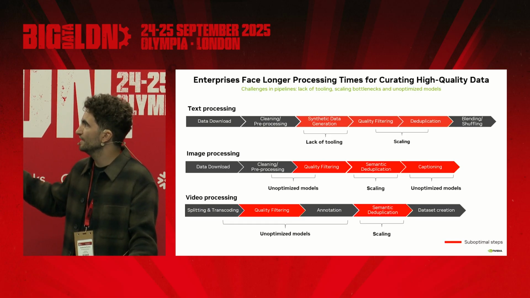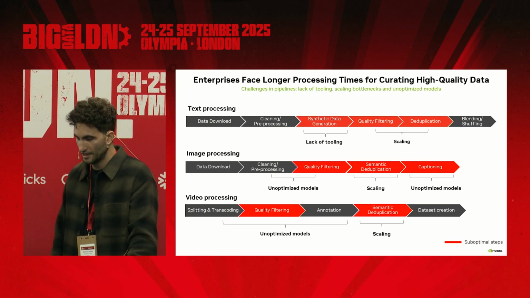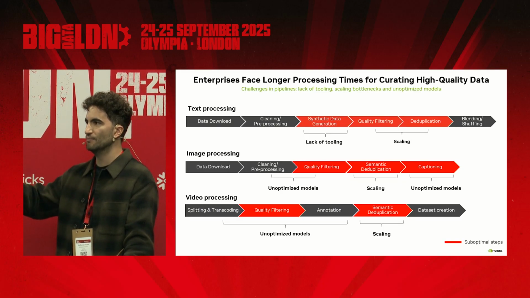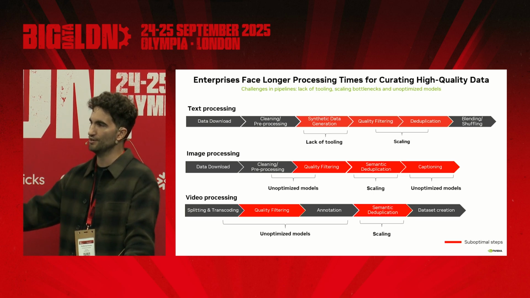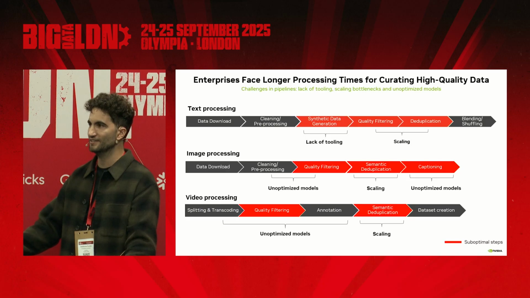Quality filtering and deduplication are huge. So, for example, if you work with financial news data sets, and you're trying to label these and use these downstream to train your model, a lot of financial news are semantically the same.